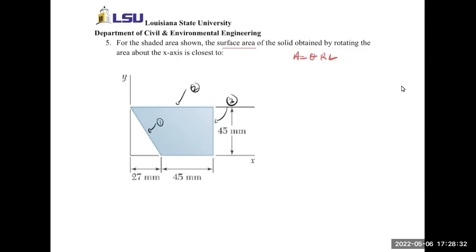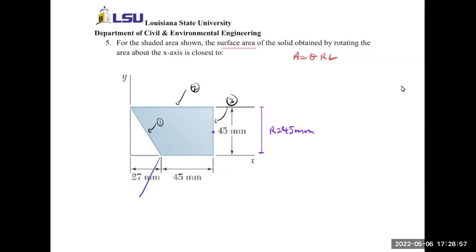In this case, the r, which is the radius, is always this 45 millimeters. Why is that the case? Why don't we divide 45 by half? Because this entire object right here is in the positive x and positive y axis.